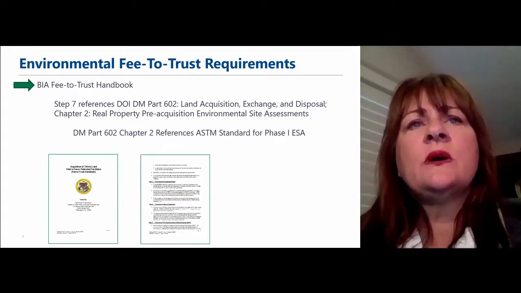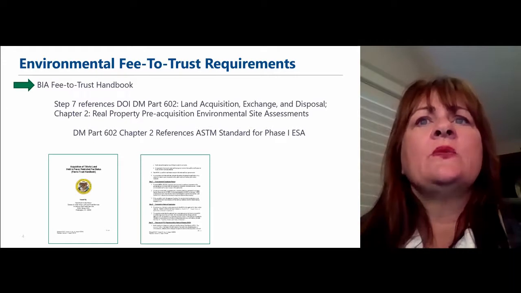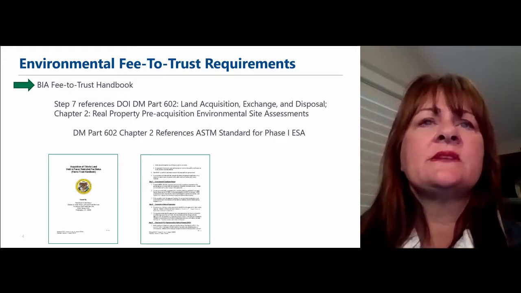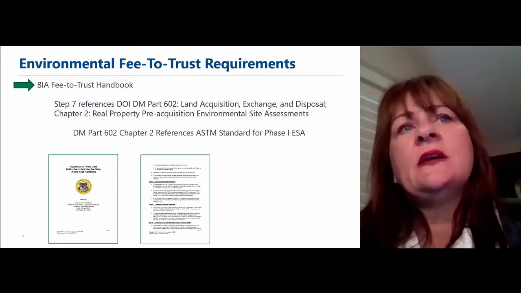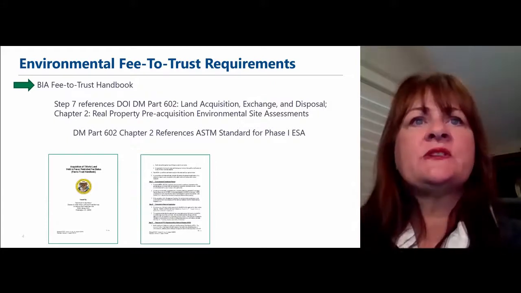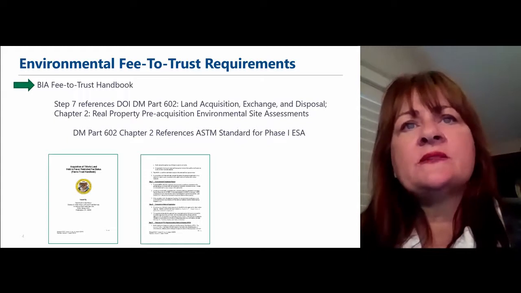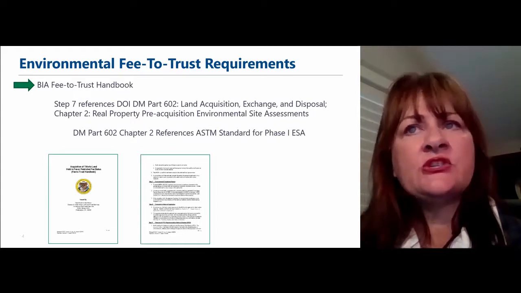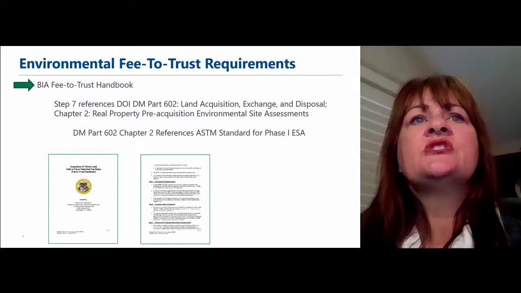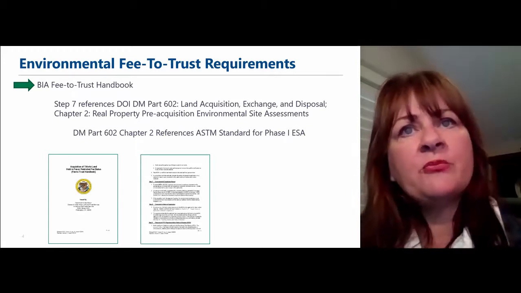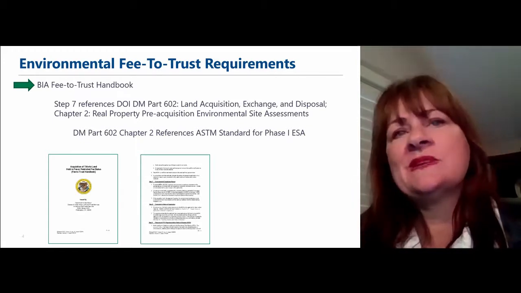The actual part of the document where environmental assessments and environmental due diligence comes in is step 7, which references the Department of Interior's DM Part 602, Land Acquisition, Exchange, and Disposal, Chapter 2, Real Property Pre-Acquisition Environmental Site Assessments.